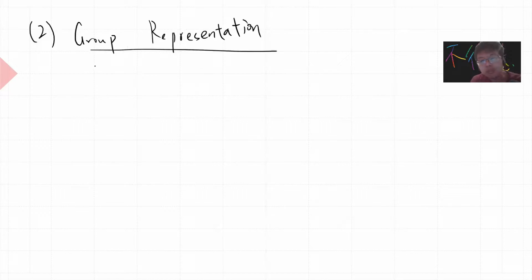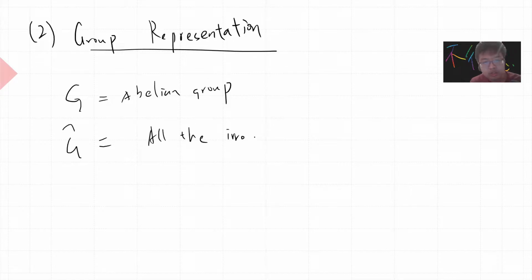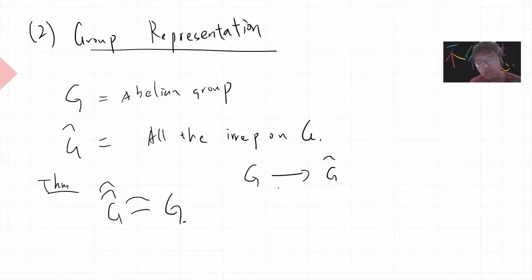Today I will introduce the connection, but simply, if you learned about group representation, somebody gives you an abelian group G, and you can consider G hat, which is all the irreducible representations of G. A theorem called Pontryagin duality says that for a lot of groups, G hat also gives back G. So simply speaking, from a function on G, you can make a transformation to get another function on G hat, and you can also go back. You can view this as an abstract Fourier transformation.